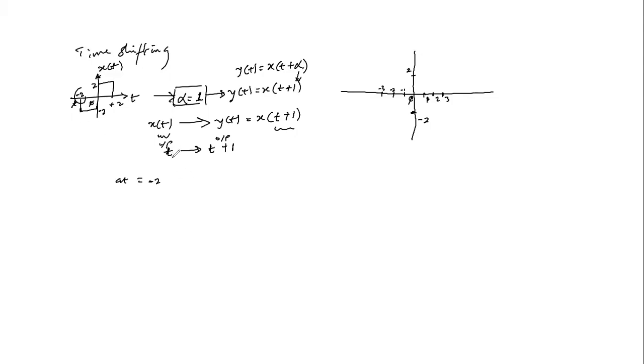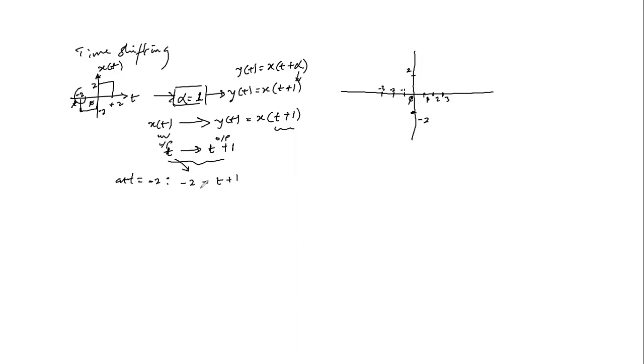But here, following this relationship, it means that -2, which is t, is the same as t plus 1 at the output.